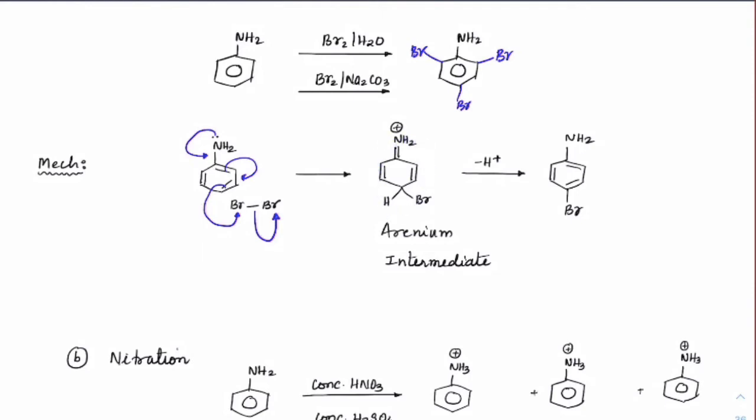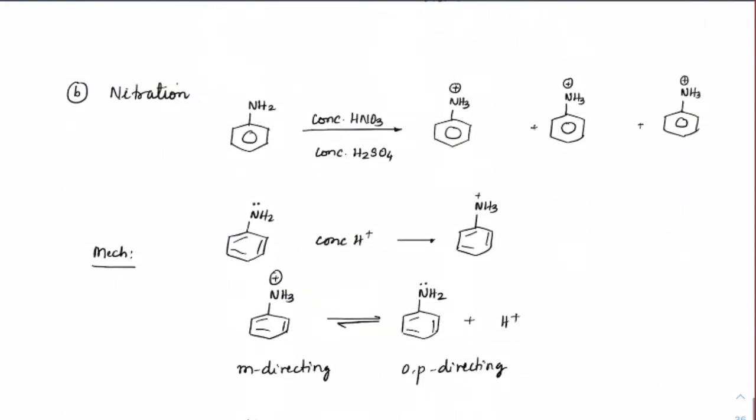All those canonical forms will give a hybrid of the arenium complex. Then to retain the aromaticity, the bond will break here, this pi will shift and this pi will become a lone pair. So we would get NH2 with aromaticity retained and bromine substituted. Imagine the same thing happening at the other ortho and para positions. So that is about bromination.